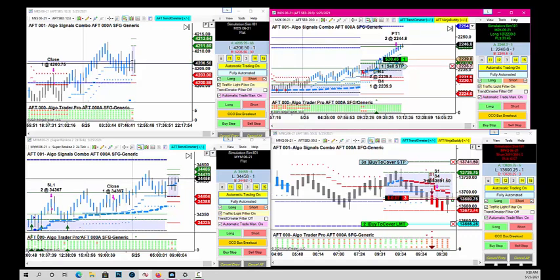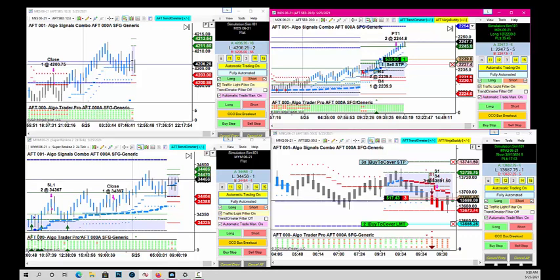All right, now you see the final stop on the 1 lot is moving up as price moves in our favor here. Eventually we want to get that to at least a break even, so we're basically guaranteed a profitable trade in the M2K here.